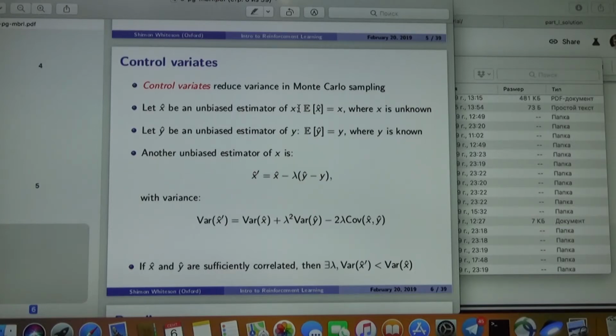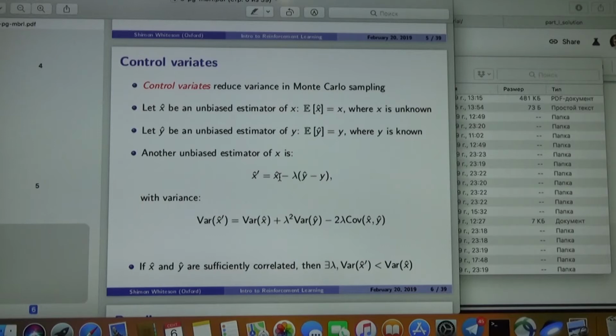How to reduce the variance of this estimate? If we have another variable y with known mean, we can subtract y from x, and if these random variables are positively correlated, hopefully the noise will disappear when we subtract one variable from another. The mean of x prime is equal to the mean value of x, but the variance is lower.